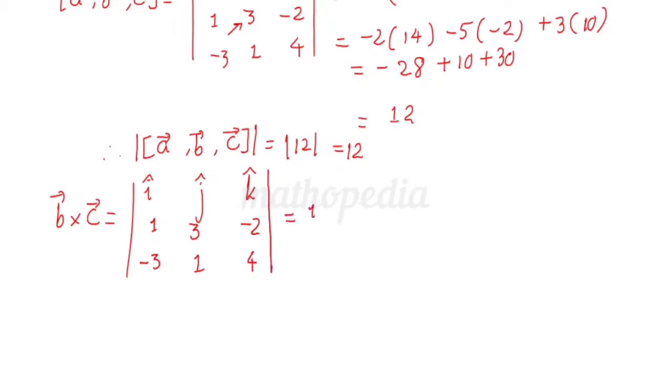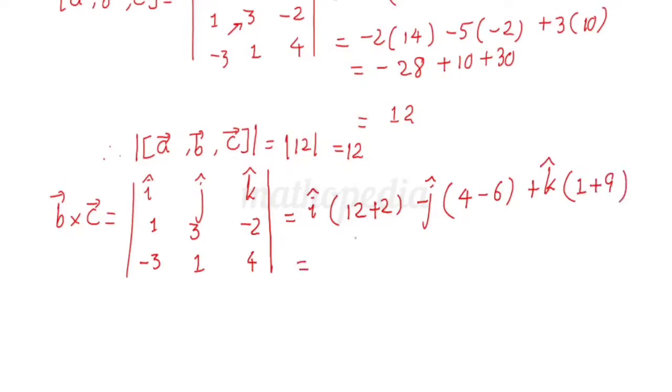So this is equal to i vector into 12 minus of -2, so +2, minus j vector into 4 minus 6, plus k vector into 1 plus 9. So this is equal to 14 i vector plus 2 j vector plus 10 k vector.